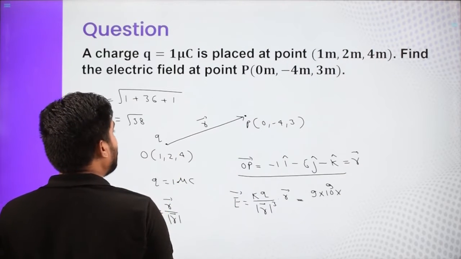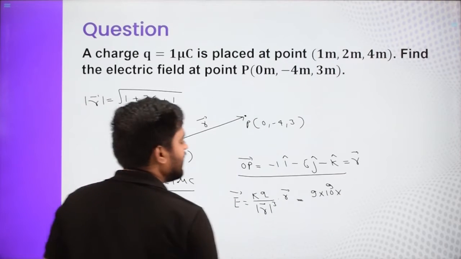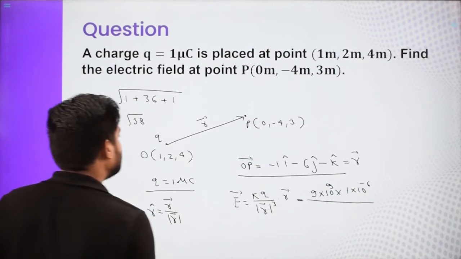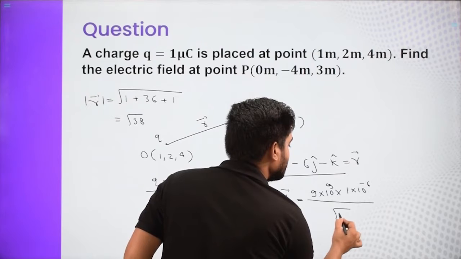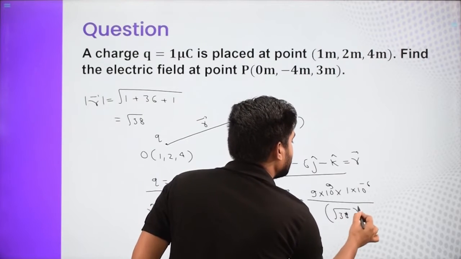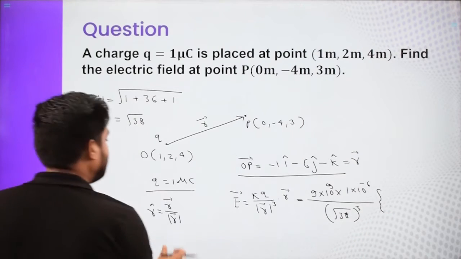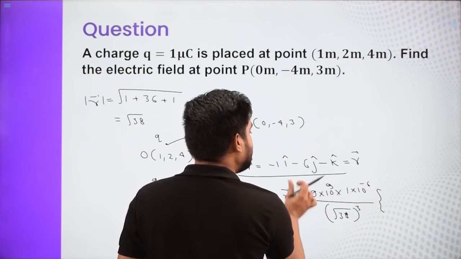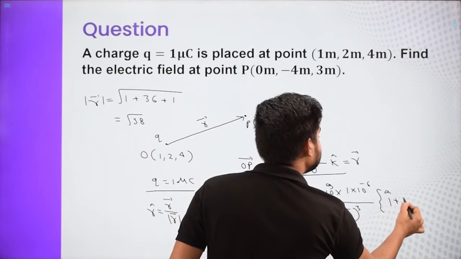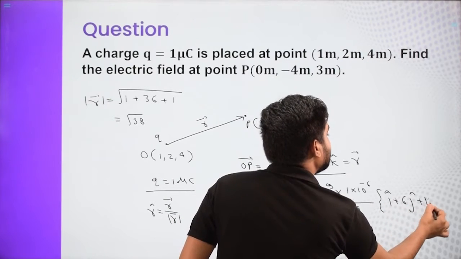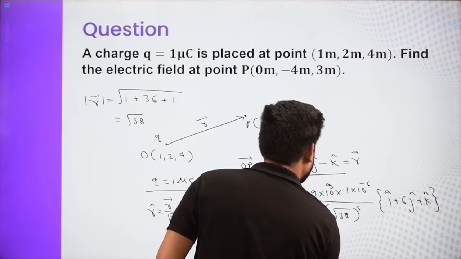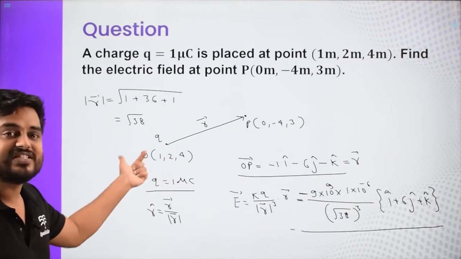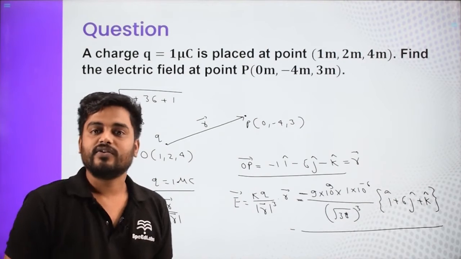Q, the charge, is 1 microcoulomb, so 1 into 10 raised to power minus 6, by root 38 whole cube, times R vector. What is our R vector? Taking minus as common, this becomes I cap plus 6 J cap plus K cap. And this is my electric field intensity at this point P due to the charge placed at (1, 2, 4).